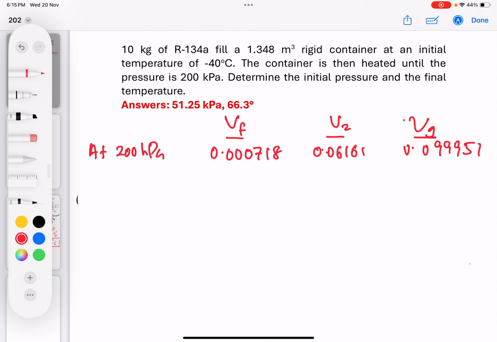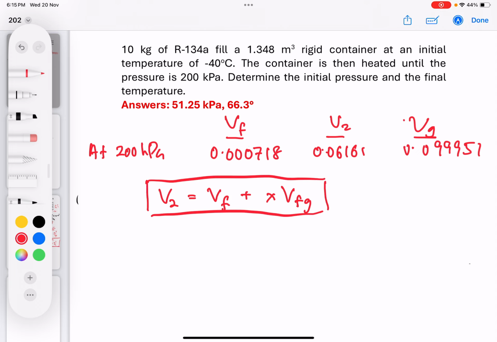V2 equals VF plus X times VFG. This one we have to remember: the specific volume at state 2 equals VF plus X, which is the steam quality, multiplied by VFG.